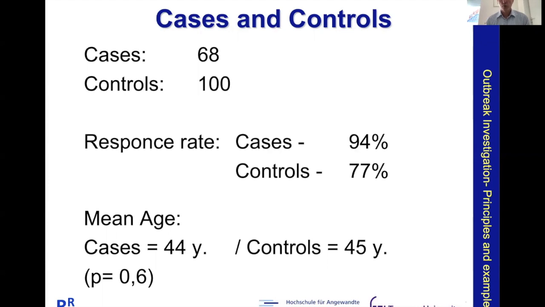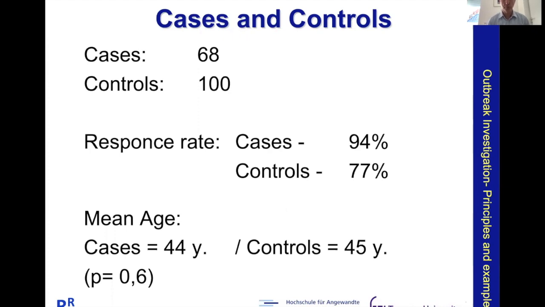Absolutely. This is one of the limitations. Definitely, we don't have laboratory tests for the controls. So some of them could have been asymptomatic Q fever cases, which we will have to discuss at the end with the results.